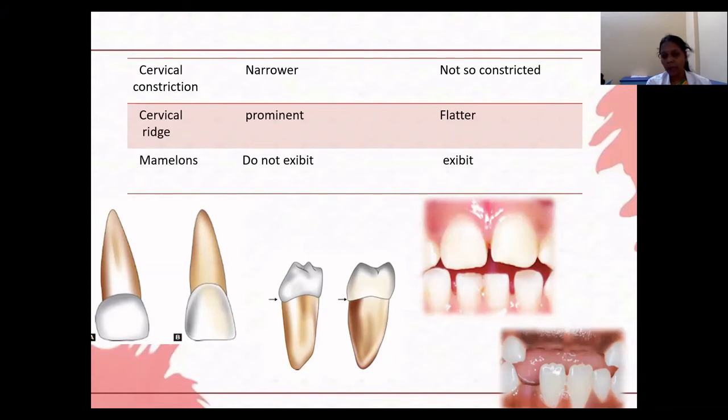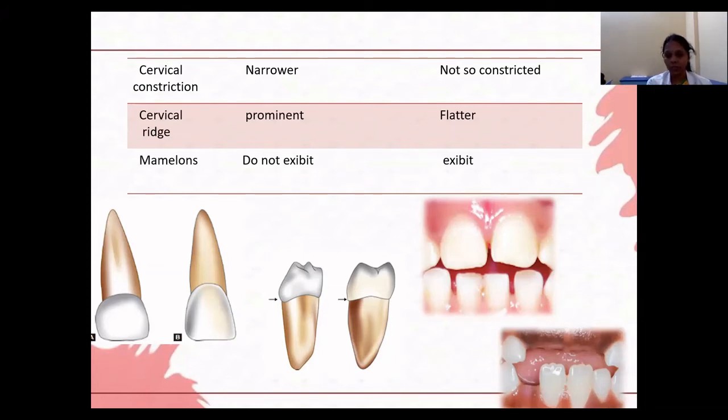You will see some demarcation present in the lower teeth. Usually these features are not present in the primary dentition, but they will be exhibited in the permanent dentition. And these are the main differences for the primary and the permanent dentitions.